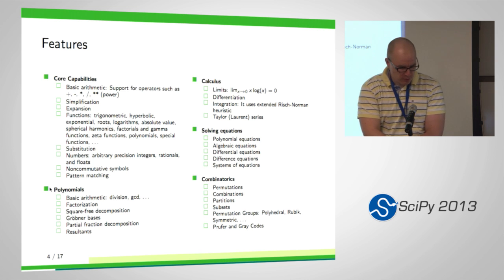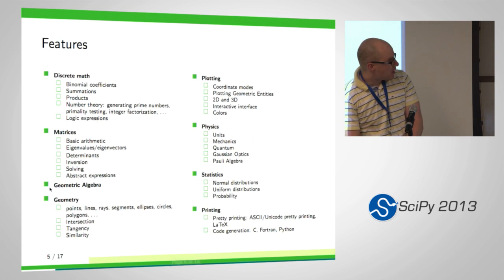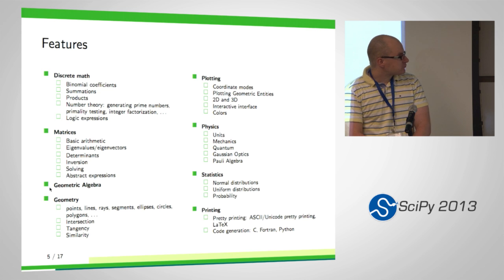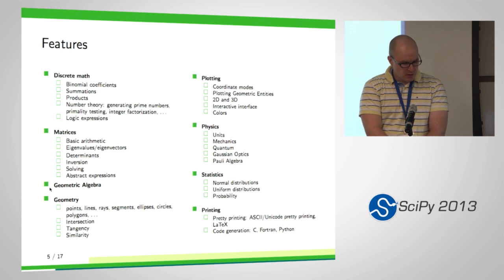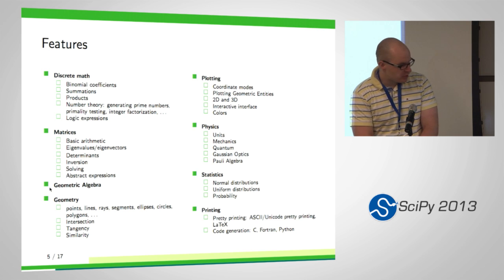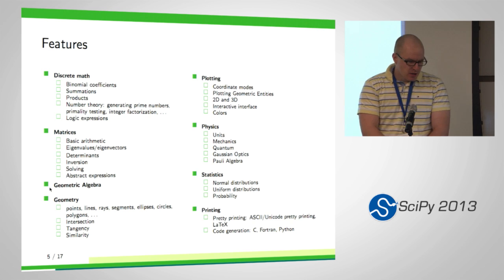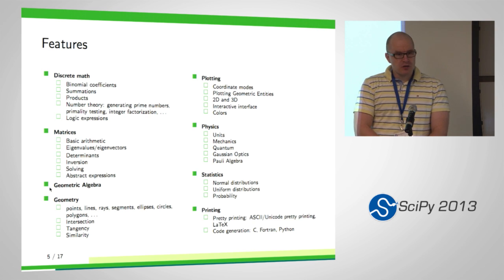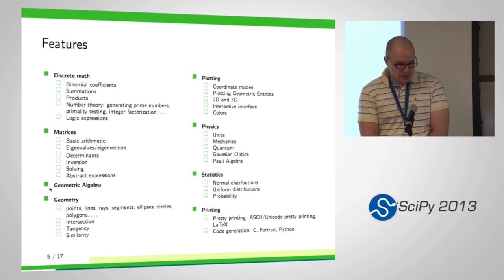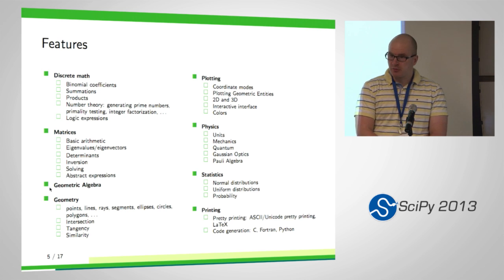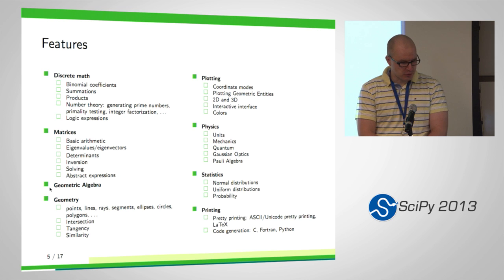Has some support for combinatorics, discrete math, matrices. So you can manipulate symbolic matrices. It has some support for geometry, plotting. Then SymPy has quite a few modules with applications. For example, in physics, it has a quantum mechanics module which can do quite a lot of quantum mechanics.